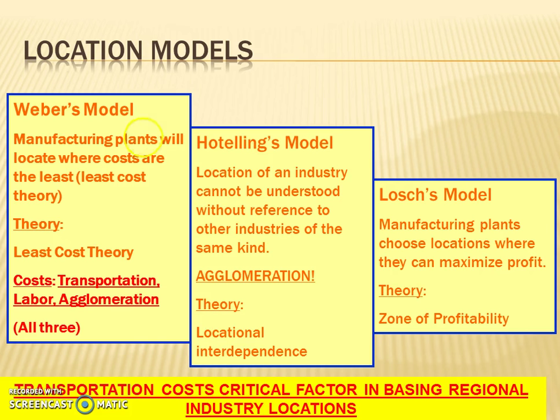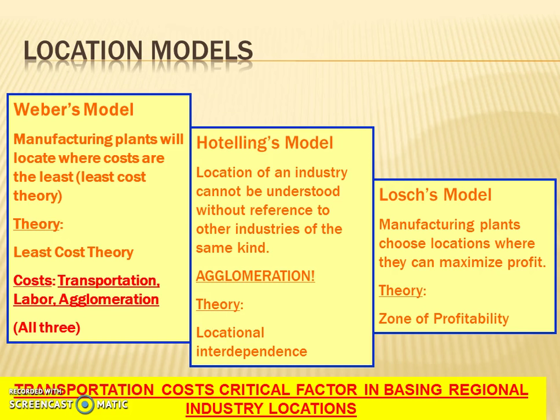Hotelling came up with the idea of locational interdependence. He was very much about this term agglomeration, where again you have businesses that have the same products, they locate near each other to help each other out in terms of shipping resources, of shipping finished products, in terms of having expertise with work. All of those things benefit by having agglomeration. Remember the video we watched about the ice cream vendors on the boardwalk?